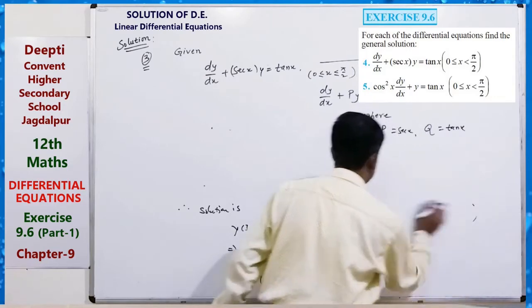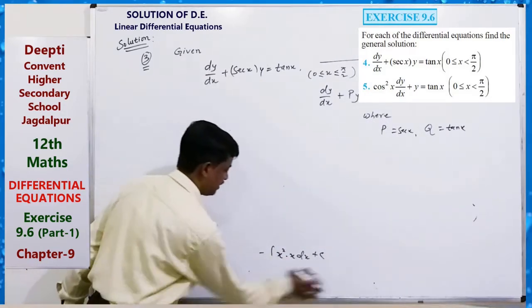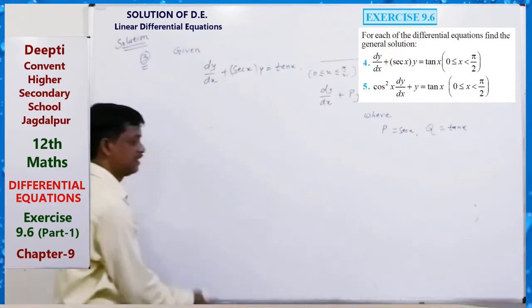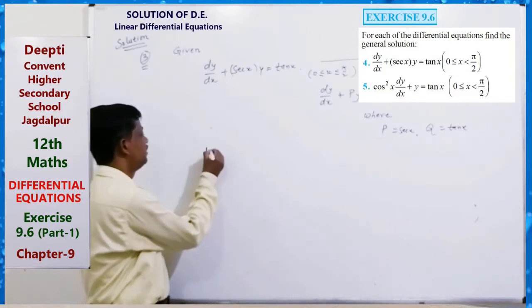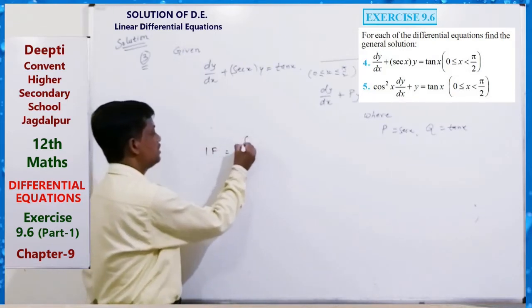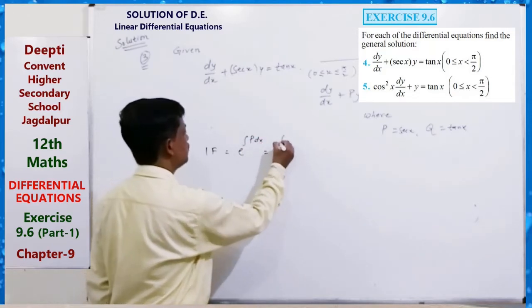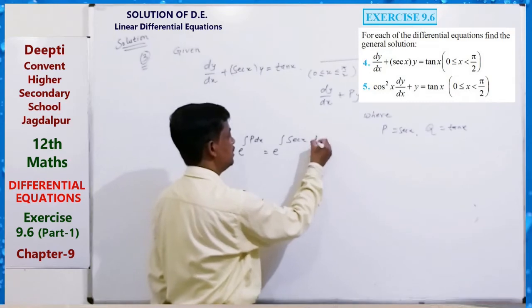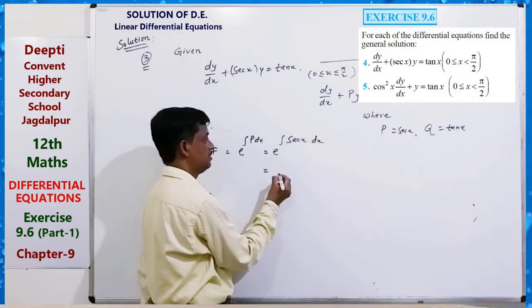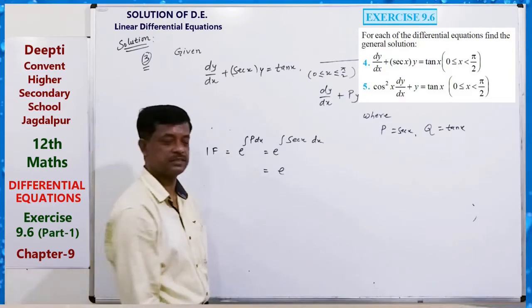So it is your integrating factor, your IF. IF equals e to the power integration of P dx. That is e to the power integration of sec x dx. We know the integration of sec x is log of sec x plus tan x.